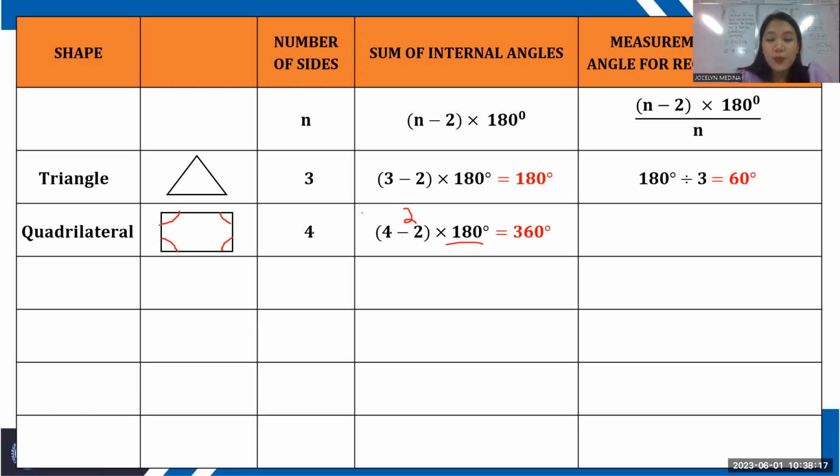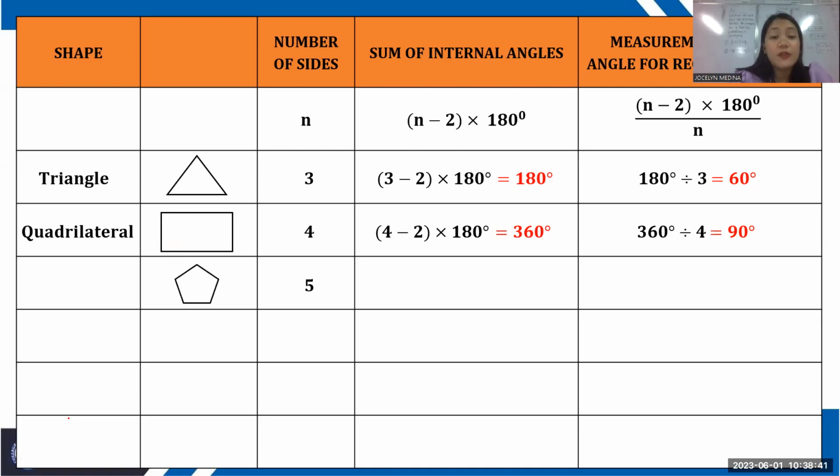Lahat ng nasa loob, ang sum is 360. Pero ilan yung individual measurement? So, 360 divided by 4, that's equal to 90. Ibig sabihin, 90 degrees ito, 90 degrees yan, 90 degrees din to, 90 degrees din. As simple as that.